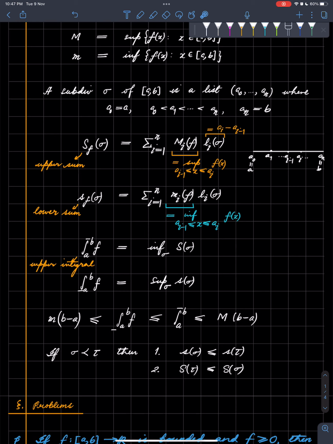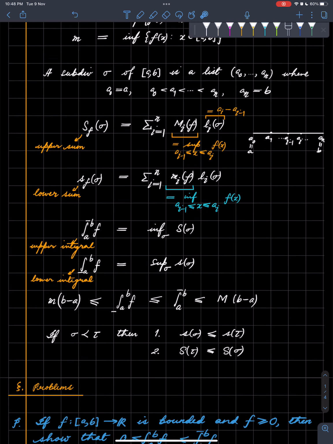One can think of it as the quote-unquote best upper approximation to the area under the curve. And similarly, the lower integral is the supremum over all subdivisions of the lower sum. So this is the best lower estimate to the area under the curve.